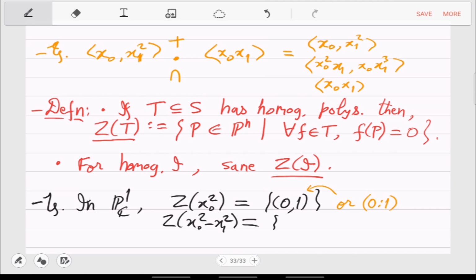So all you will get is, yeah, x0 or x1, one of these has to be 1, both can't be 0. And when one is 1, the other is plus minus 1. So I can just write these 2 points, by which I again mean 1, 1 and 1, minus 1.